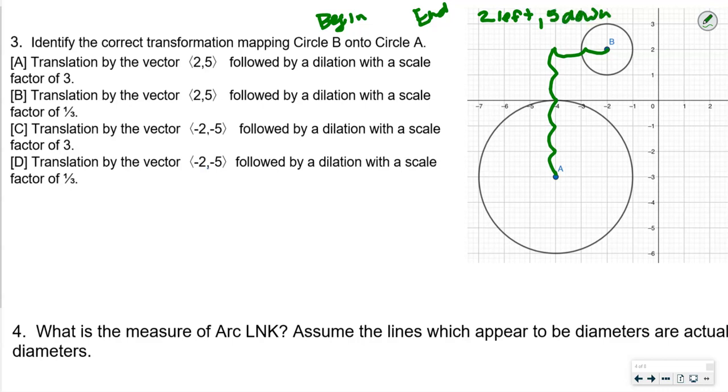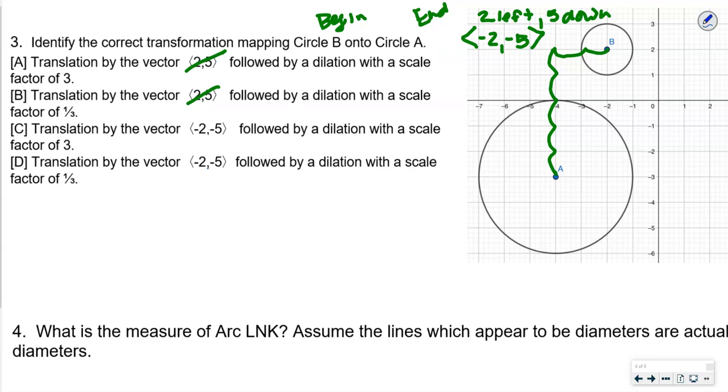Now, when I look over here to the left, I don't see those words, so I see a vector. So hopefully you remember that 2 left is -2, and 5 down is -5. So we're looking for the vector -2, -5. So that means we can cross out these two answers.